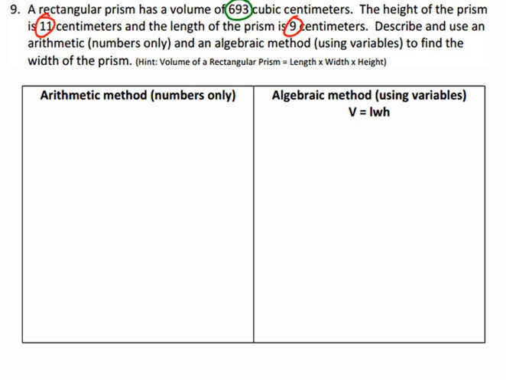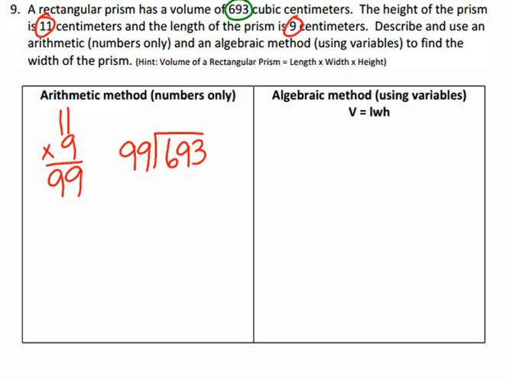So if we multiply our two side lengths, we can then divide our total volume by the two side lengths. And that'll give us the third side length of 7 inches. And that represented the width.